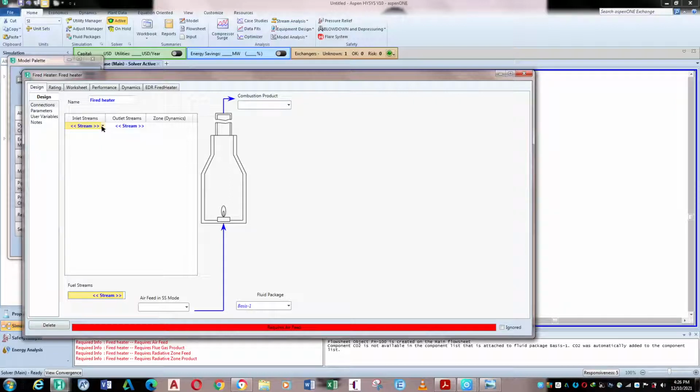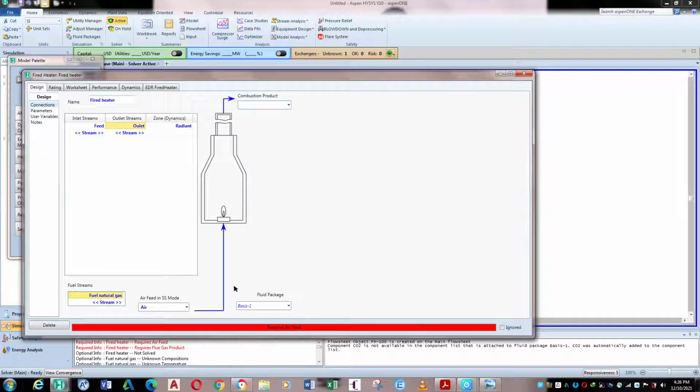And then, as you may be aware, for a fire heater you need to have a fuel and air for the combustion reaction. So I'm gonna label the fuel stream as fuel natural gas, and then the air stream, I'll just label it air.